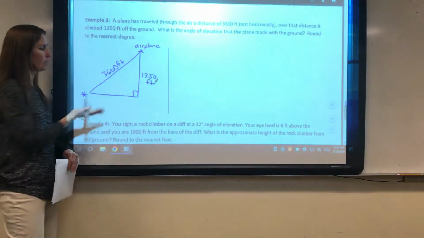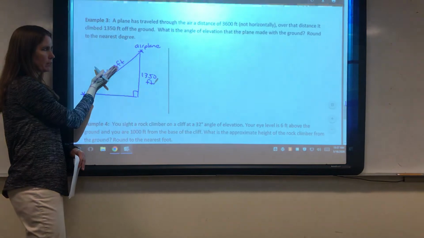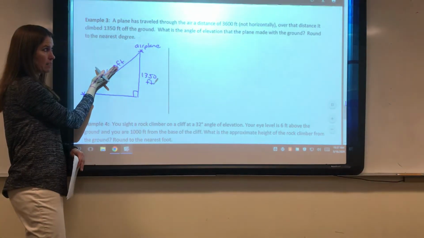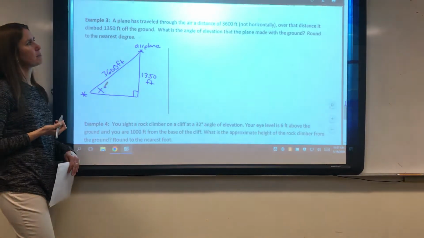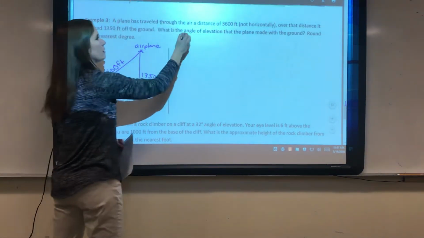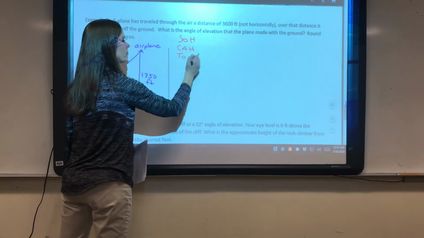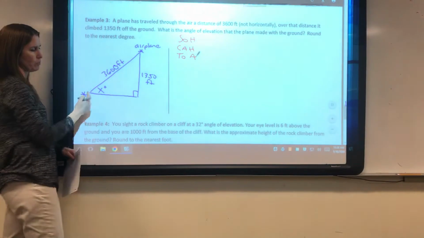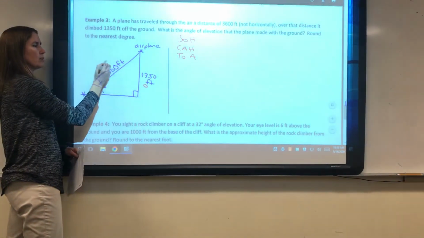So here we're looking for, like we talked about before, from the horizontal pointed upward at whatever we're talking about, in this case the airplane, that's what we are looking for, is our x. So in this particular case, again, we're using our SOHCAHTOA to solve for that. We have our opposite, and we have our hypotenuse.